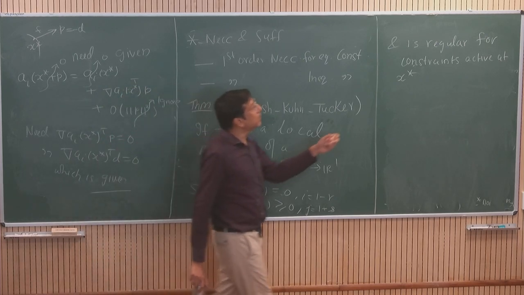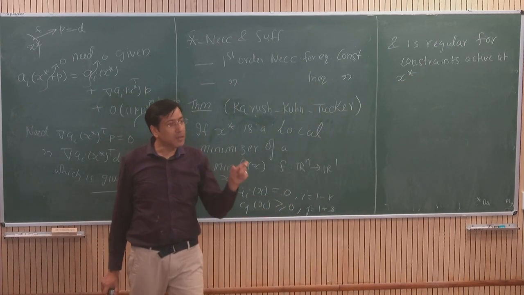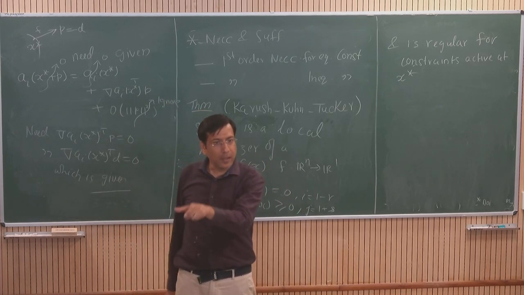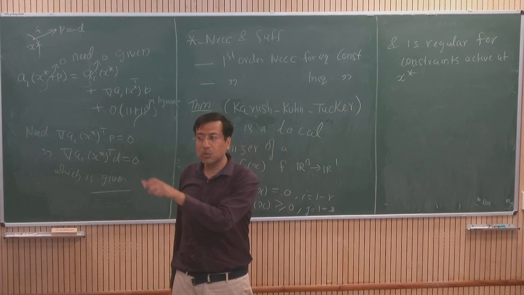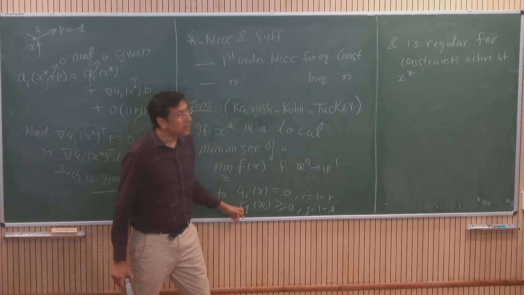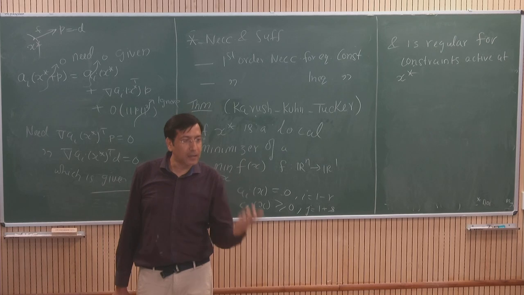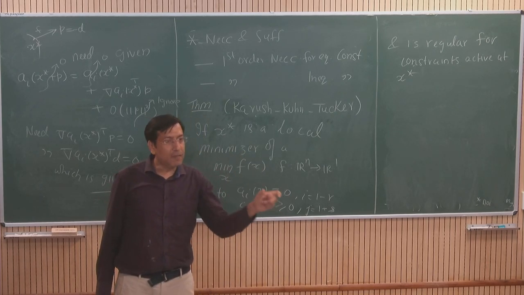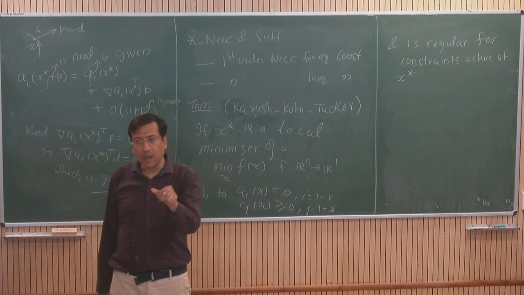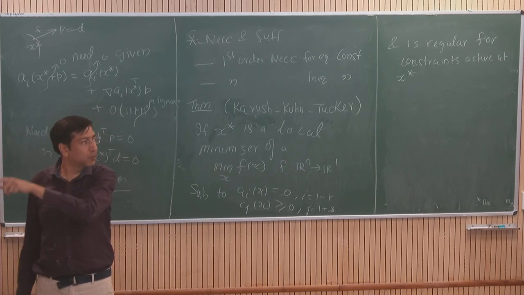So it is saying it should be regular for the constraints that are active at x star, which means that earlier you were only carrying a1 through ar and showing that the gradients of those are linearly independent. Now you have to carry some of the gradients of the inequality constraints as well, those which are active at x star. So it will be the gradients of a1 through ar and some c1, c2, c8, c10 gradients of those.